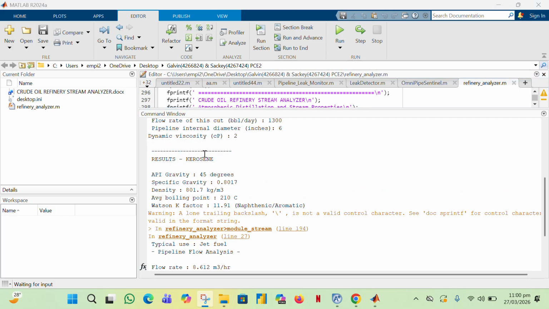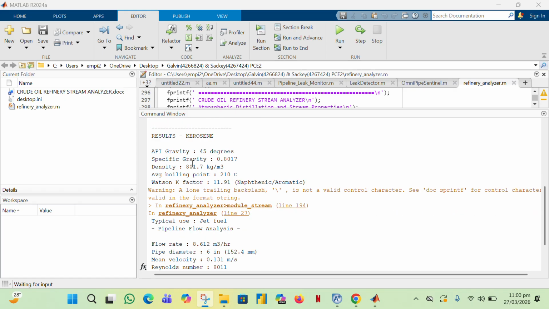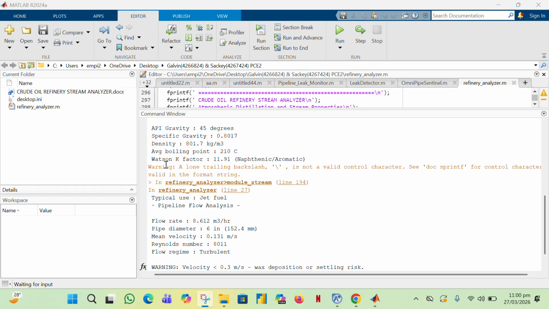Okay, so it's giving us our results for the stream properties of kerosene. It gives the API gravity, which is 45 degrees, the specific gravity, density, average boiling point, and the Watson K factor, which is still below 12, showing that it is difficult to process.